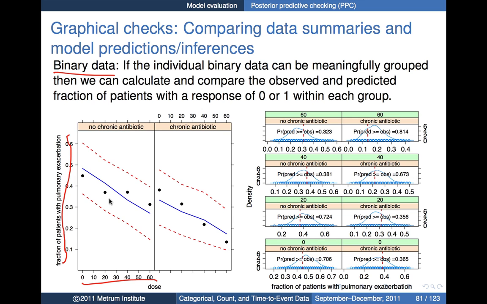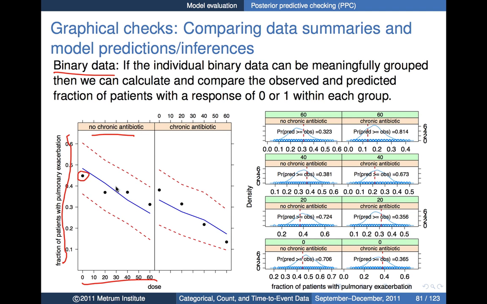So each one of these dots corresponds to a group of patients. For example, if I take this dot here, I've got a group of patients who had been assigned to placebo and were not taking chronic antibiotics, and I calculate the fraction of patients within that subgroup who experience an exacerbation. And I do that same thing for all of these subgroups. Then when I do my posterior predictions, the posterior predictions originally simulated a bunch of individual patients, and for each MC sample, I do exactly the same thing as I do with the observed data.